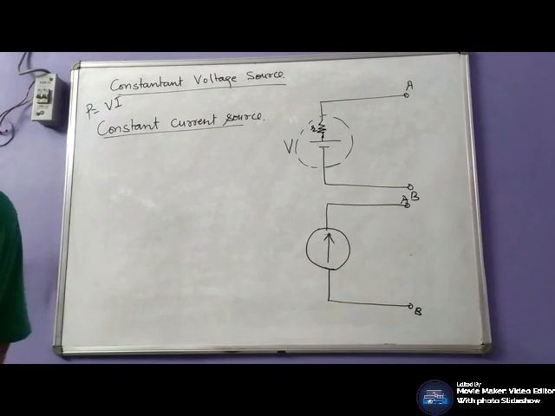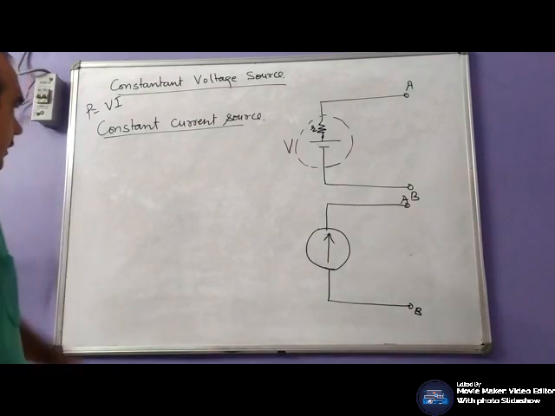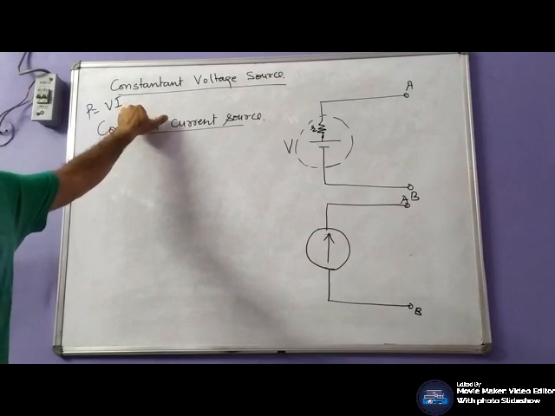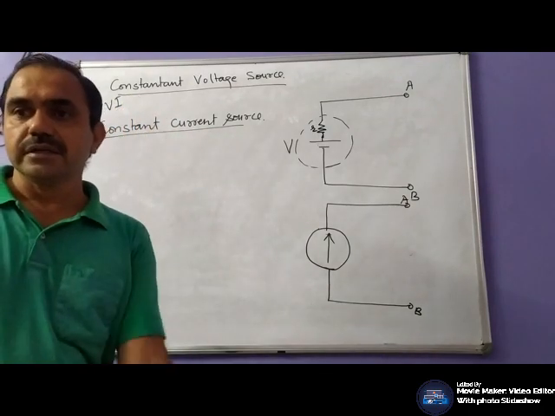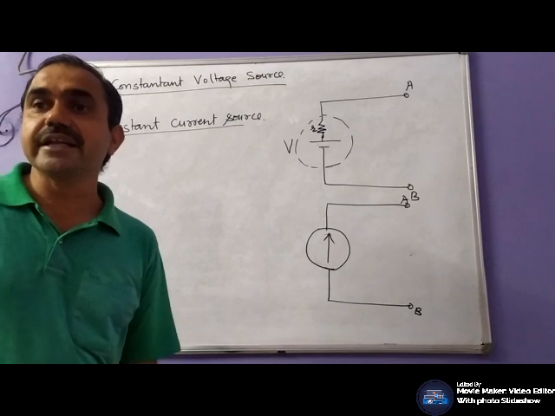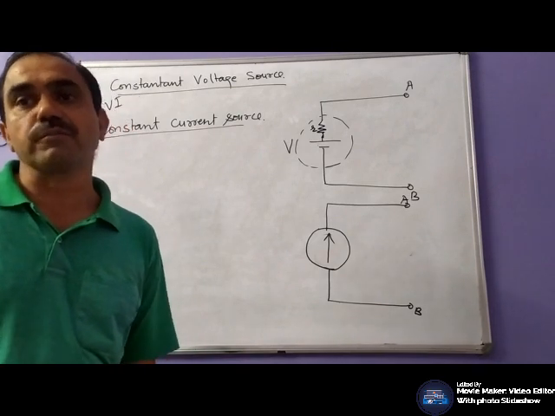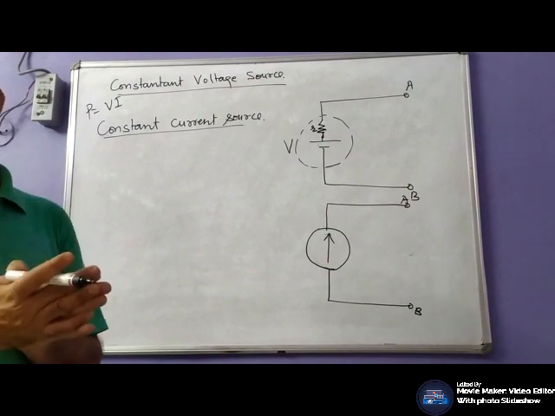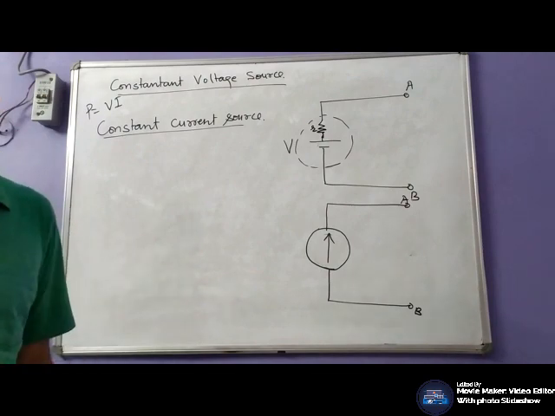V into I? Infinite into finite, infinite. Is it possible a finite source can deliver infinite power? Not possible. That's why an ideal current source is not possible.